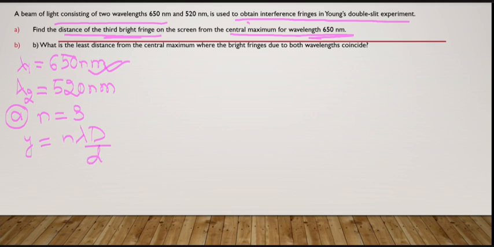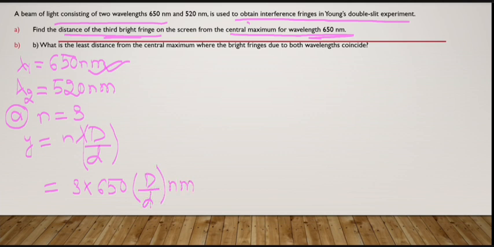Here the values of capital D and small d are not given, so we will not be putting them. So here n is nothing other than 3 multiplied by lambda, which is equal to 650 nanometers, multiplied by capital D by small d.